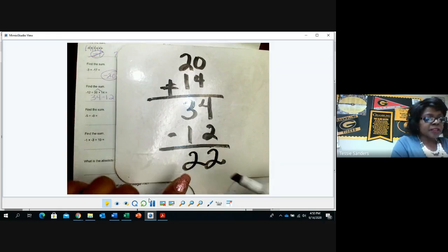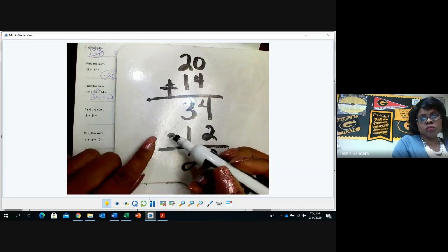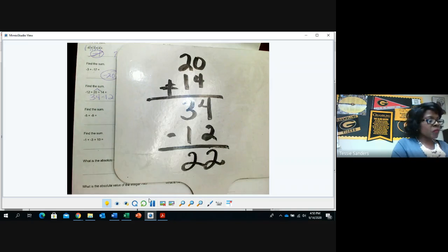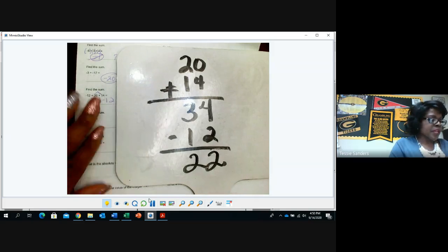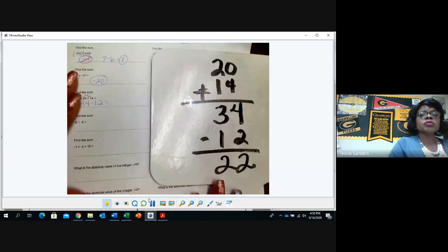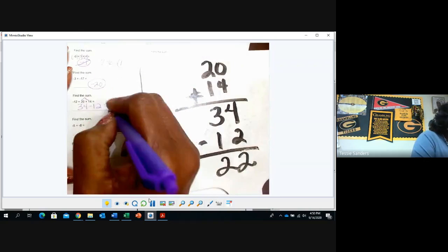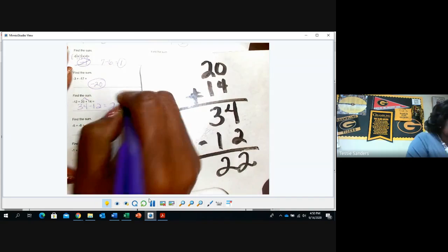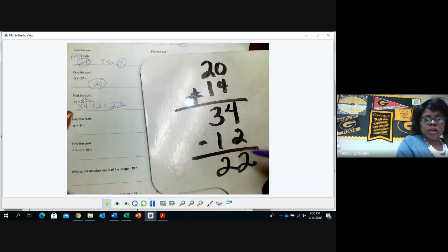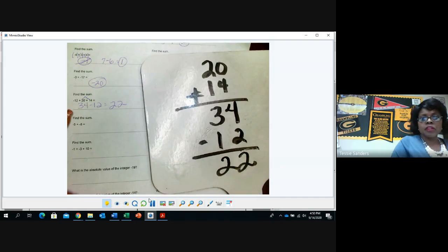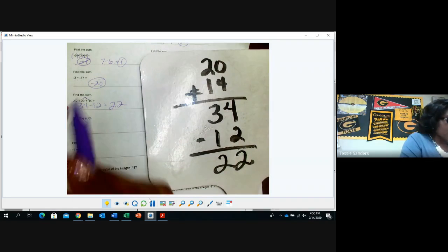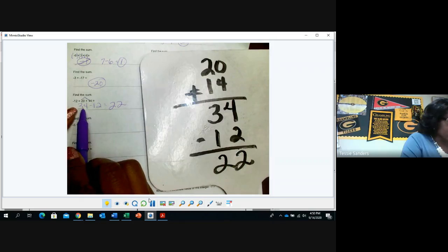Now, will it be positive 22 or negative 22? Because we have different signs here. Which is the larger number? So I'm going to write 22 here, because 34 minus 12 is 22. That's where the number came from. 34 is the larger number.